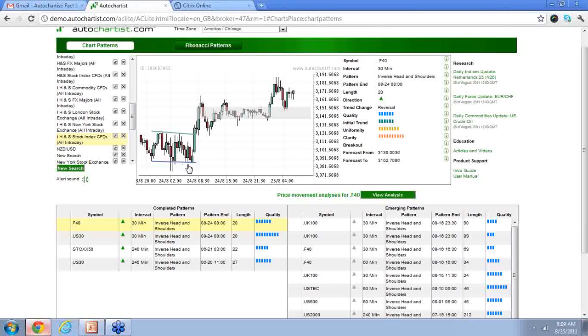So what you have here is a formation of a shoulder here and another shoulder here, and these lines are connected automatically by AutoChartist to identify this as the shoulder point. And up here, the resistance is connected at the neckline, and that creates the pattern. You have your resistance as the neckline, and you have your support as the shoulders. So it's very important to note the symmetry between these two.